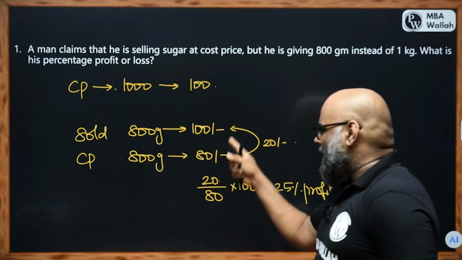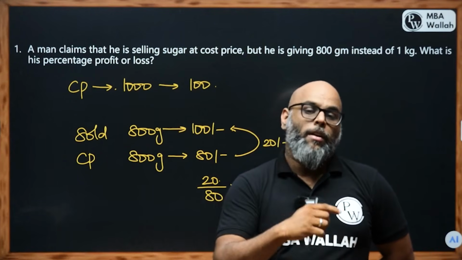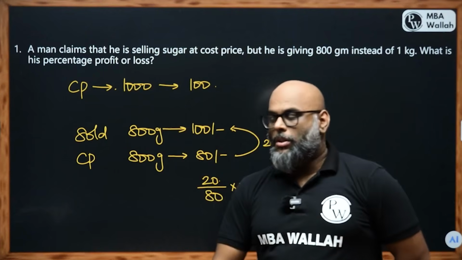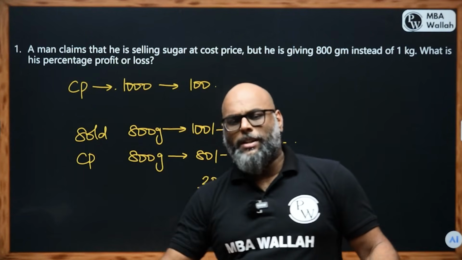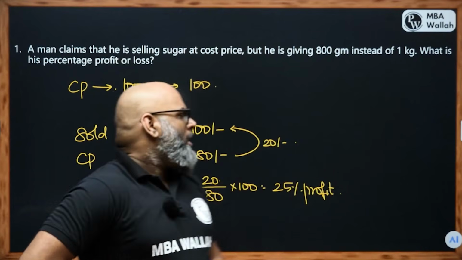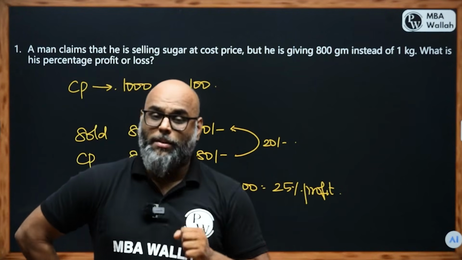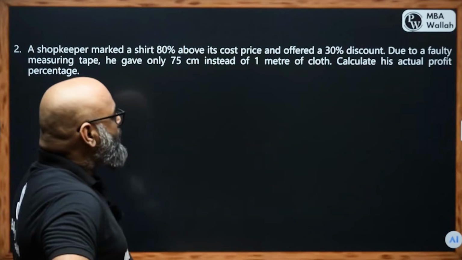So that means in that transaction he's getting 20 rupees more from 80 rupees. So that would be a 25% profit. Simple question, elegant question. The moment you plug in a value, assume a value and work around it, it gets a lot easier, right? We'll hop on to the next question.